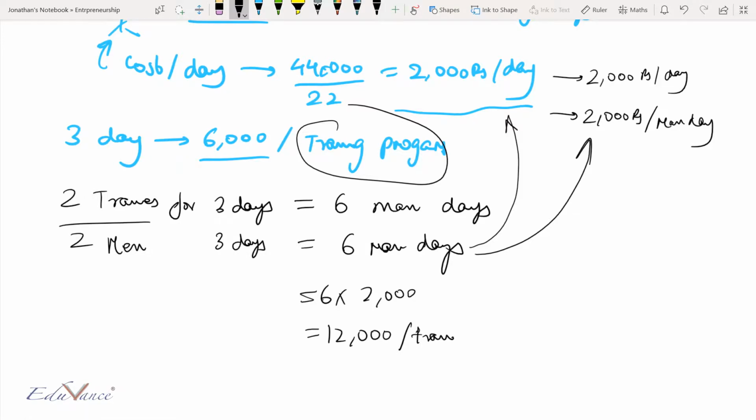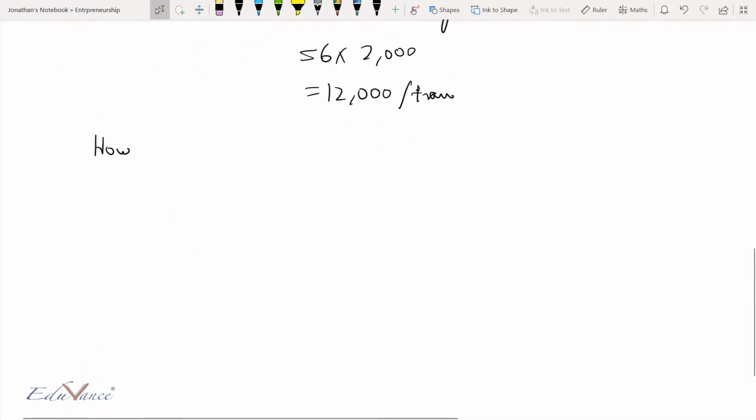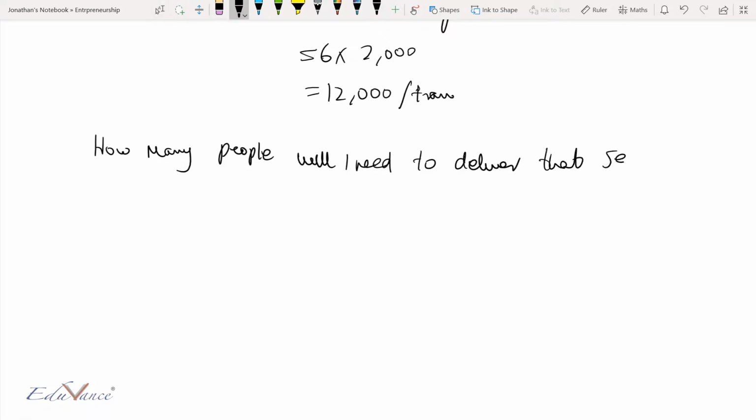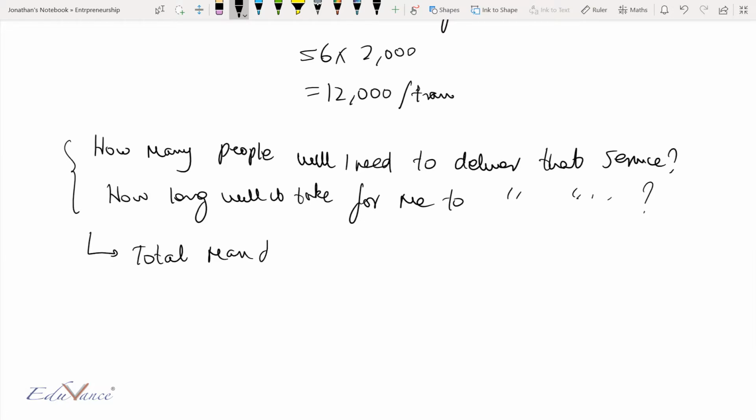So as an entrepreneur for a services company, you need to ask yourself how many people will I need to deliver that service, and how long will it take for me to deliver that service, and together this will give you the total man days needed to deliver that service.